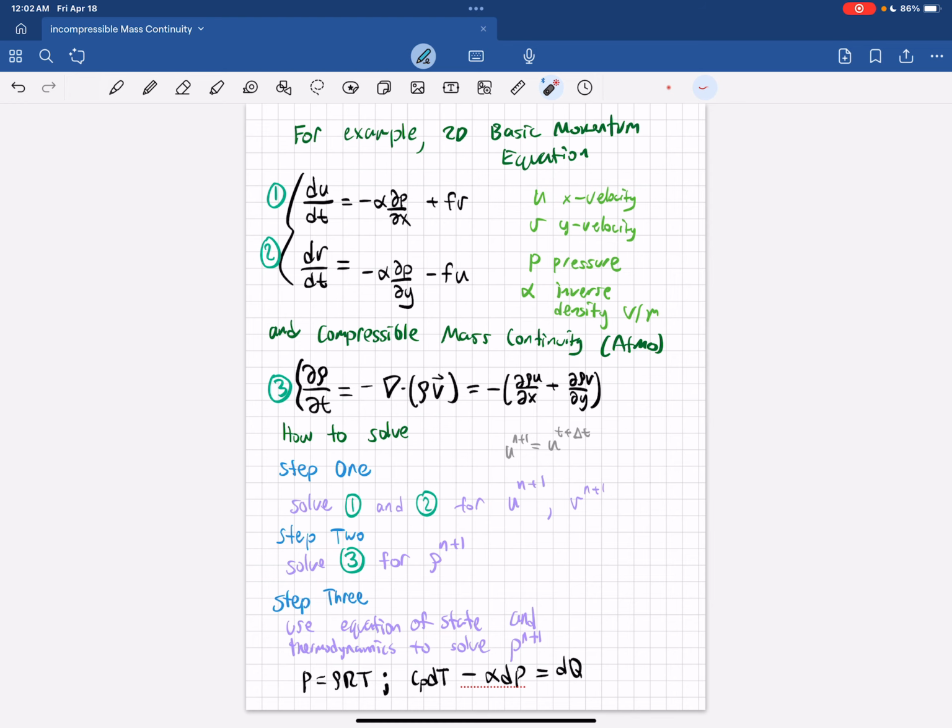You solve equation 3 here for density, and if you want alpha, it's equal to 1 over rho, right? So I'll just write that. Alpha is equal to 1 over rho. And to update pressure, you would need to use the equation of state and thermodynamics, which is this one, to update pressure. And now we can restart the process. So once you do this, you can go back to step 1.